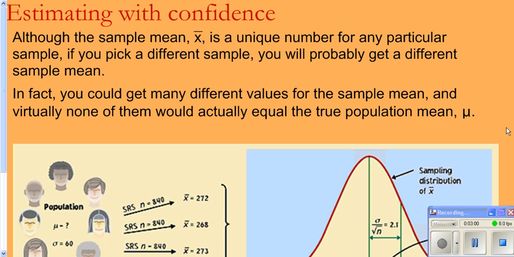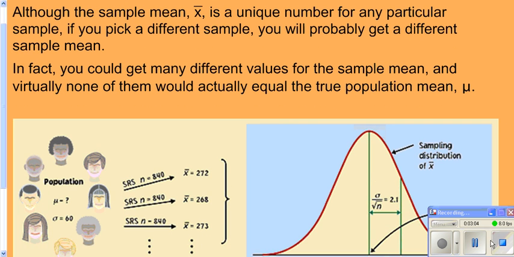Now, the whole idea of looking at our sampling distribution. Remember, our sampling distributions are when we take repeated samples of a certain size from our population, plot all those means, make a histogram, and smooth it out.